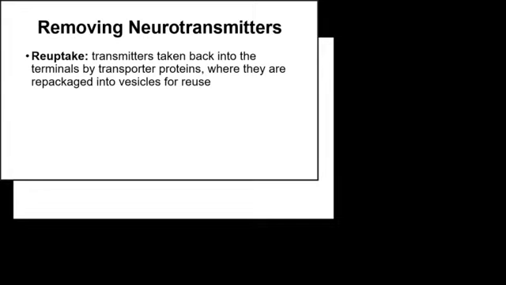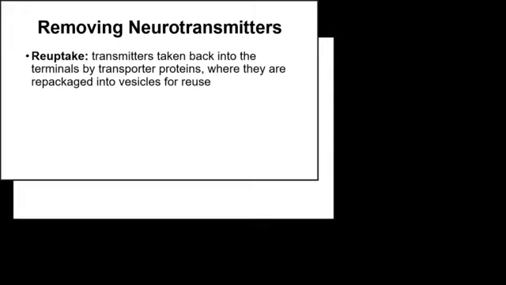One of the most common ones is simply reuptake, where those transmitters get taken back into the terminals that they were released from and put back into vesicles for future reuse. So there are specialized transporter proteins that will pick up those used neurotransmitters and bring them back to the presynaptic neuron terminals and allow them to be put back into vesicles and reused. That's a fairly efficient process because you don't have to make new neurotransmitters.